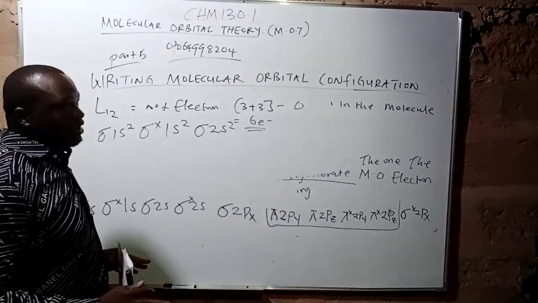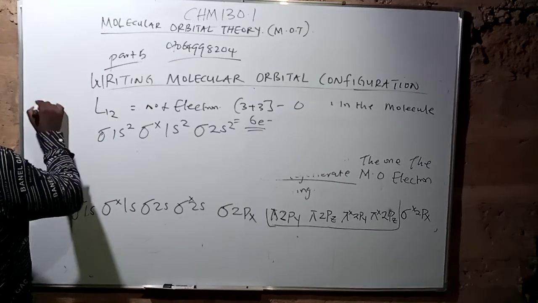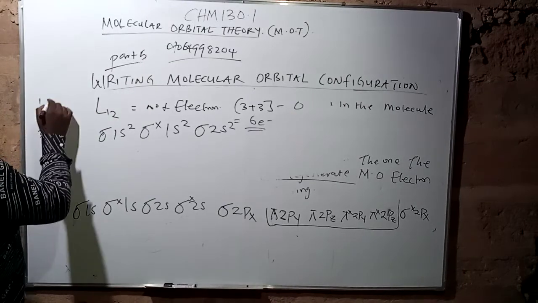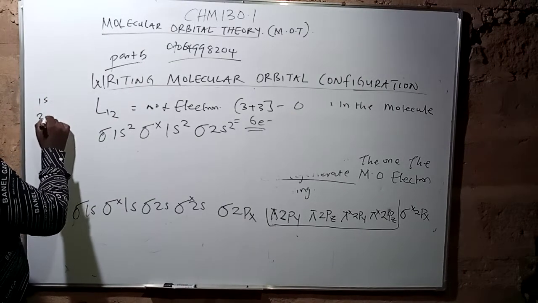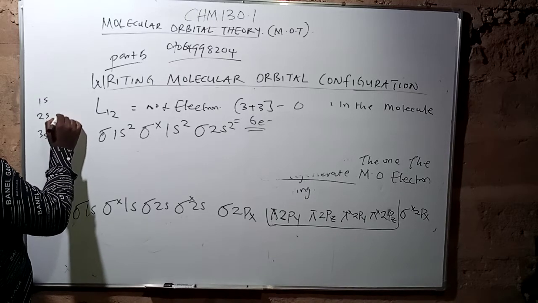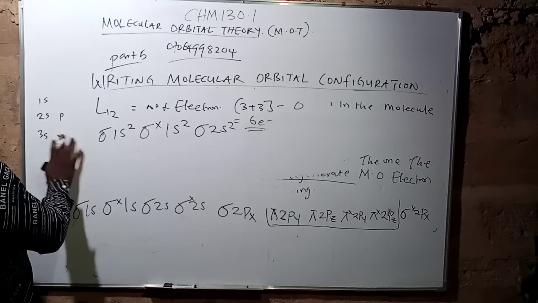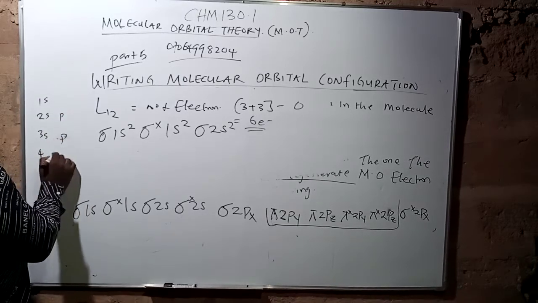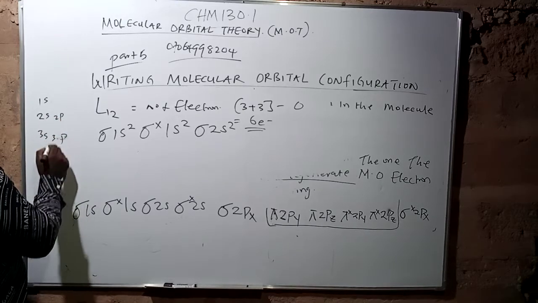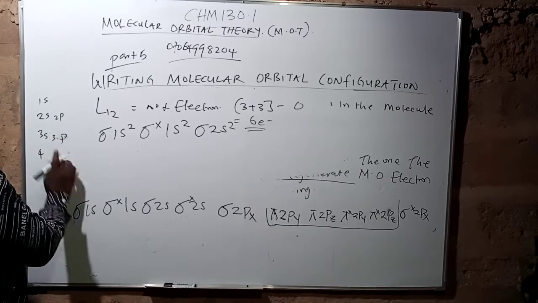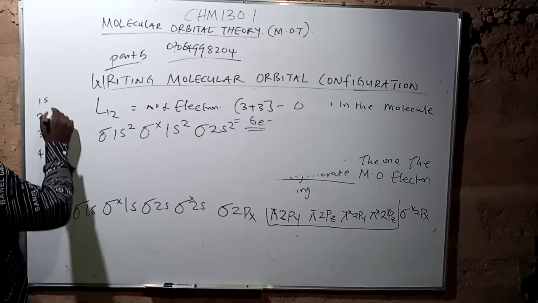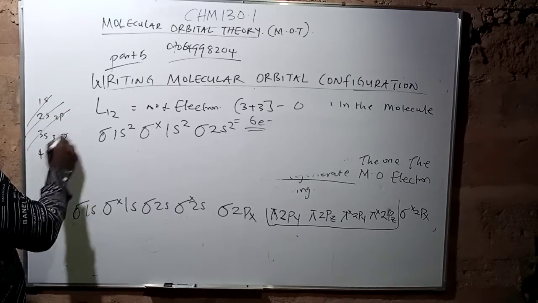Do you understand? Because if you want to write electronic configuration, we start doing all this 1, 2, 3. So this is S, and then S, S. So you have something P, P. I just want to tell you that it's the same thing. You know, we used to have something like this in electronic configuration.